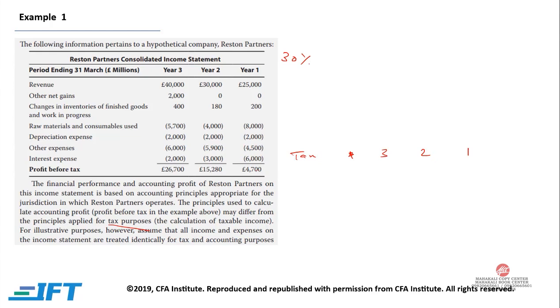So 4,700 into 0.3 would give us 1,410. 15,280 into 0.3 will give us 4,584, and 26,700 into 0.3 will give us 8,010. So these are the taxes that we are paying on this accounting book.